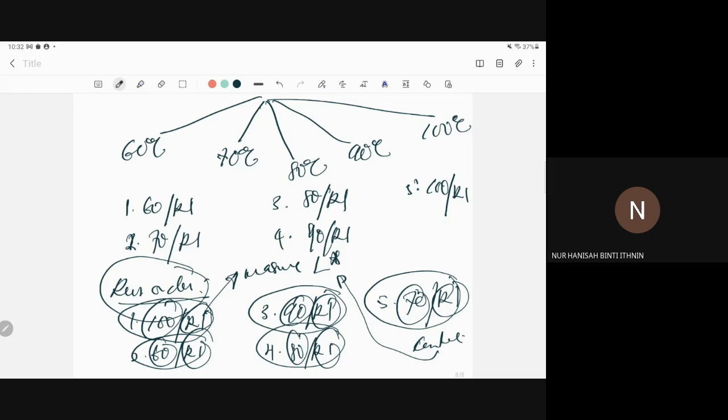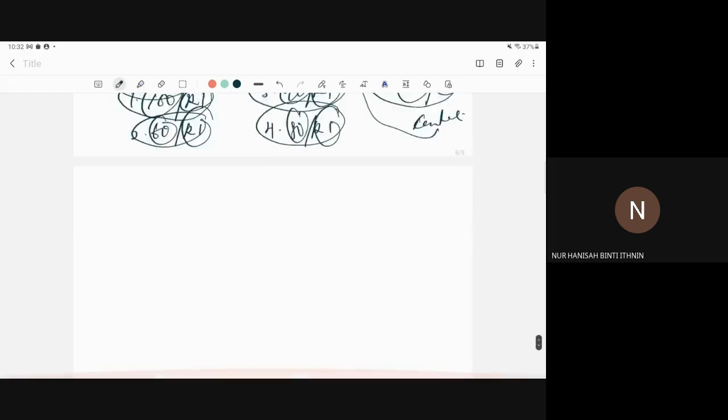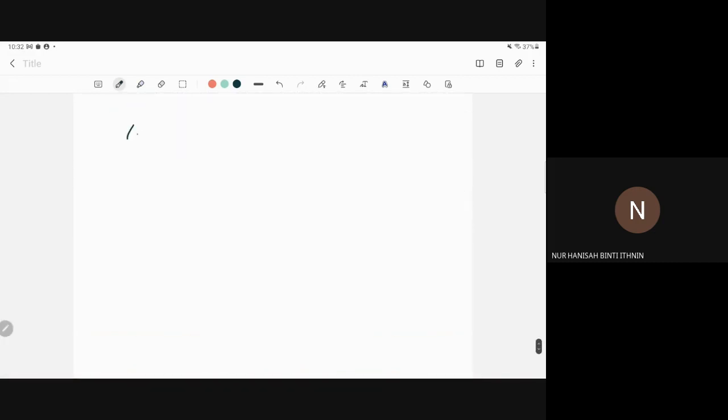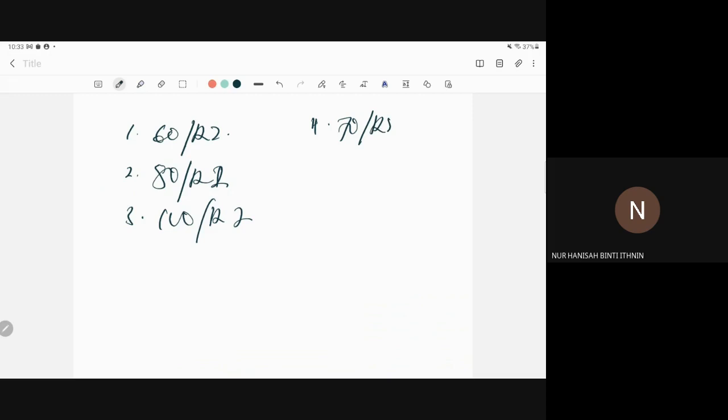So you will get, for example, number 1, maybe 60 rep 2. Number 2, maybe 80 rep 2. Number 3, 100 rep 2. Sorry. And then number 4, maybe 70 rep 2. And then number 5 is 90 rep 2.